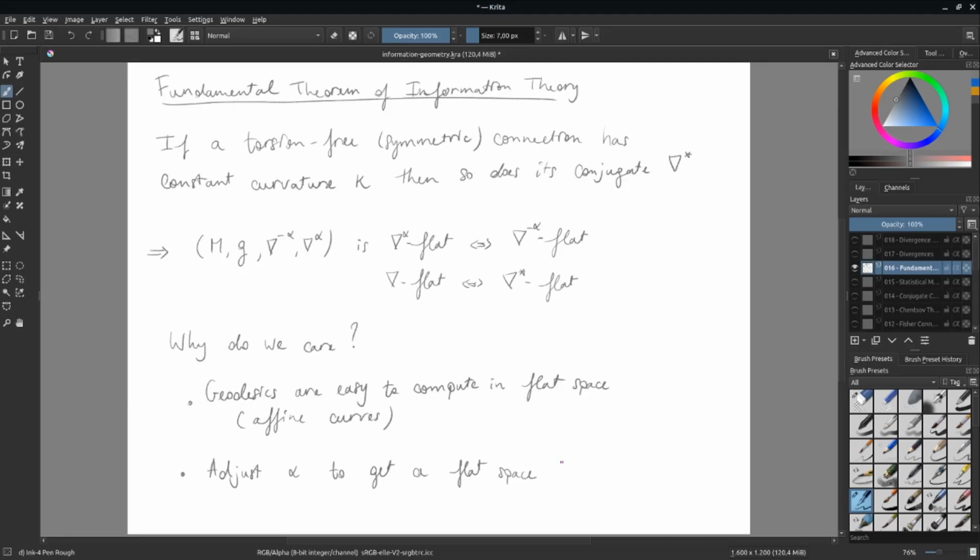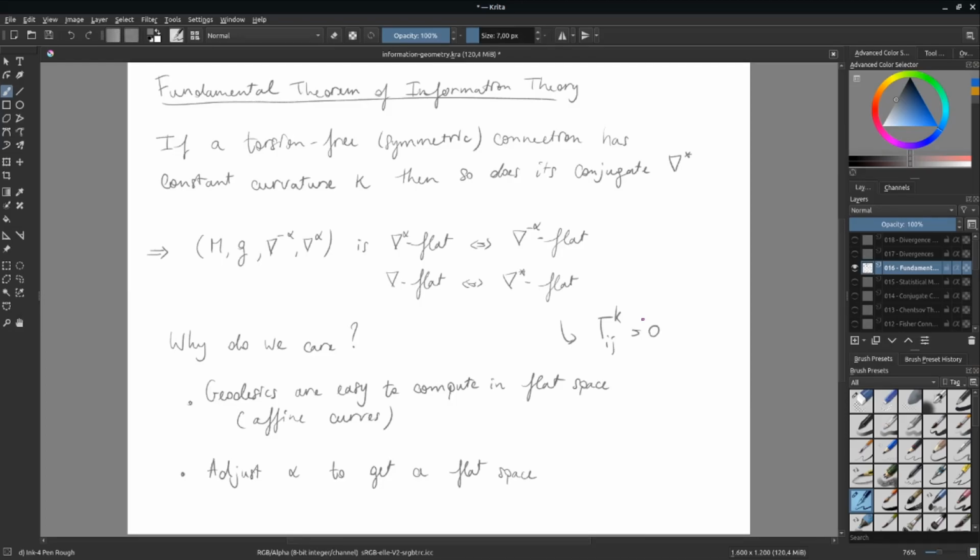The reason is, if you focus on the flat case, flat means that the connection coefficients are all zero. And if you remember what we said at the beginning, parallel transport gives you your original vector plus a term that depends on your Christoffel coefficients. So if this is zero, then parallel transport is easy. You just copy the vector, it doesn't change.